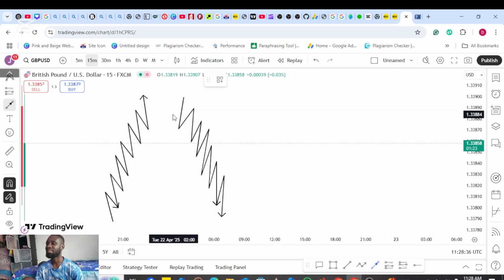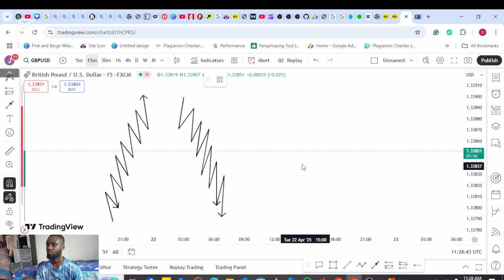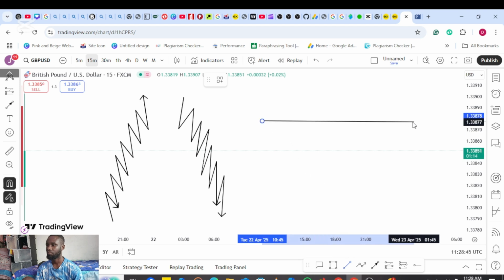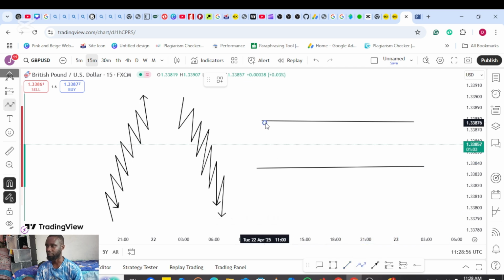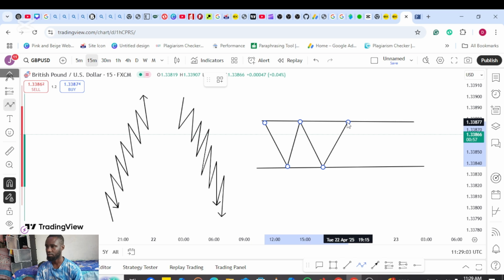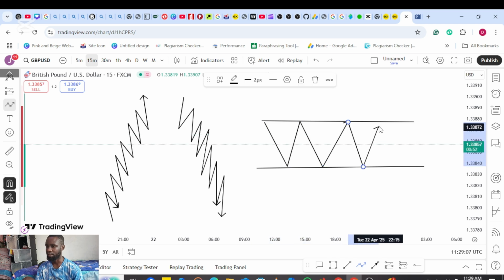Let's move to the sideways market, or ranging market. This is how a ranging market looks.